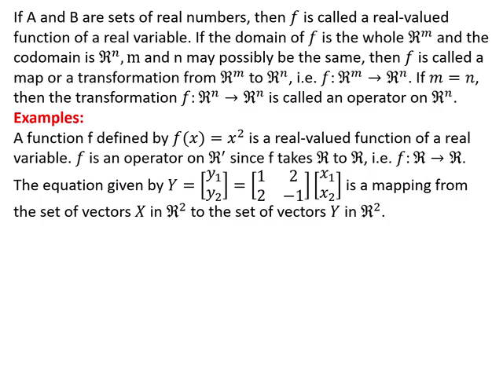The equation is given by y equals, the vector y1, y2 is equal to the matrix 1, 2, then 2, minus 1, times x1, x2. It is a mapping from a set of vectors x in R squared to a set of vectors y in R squared.